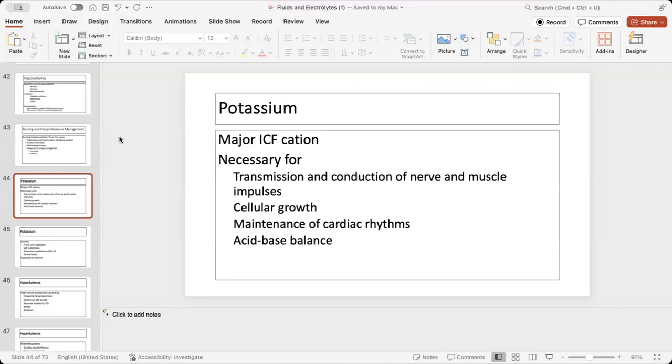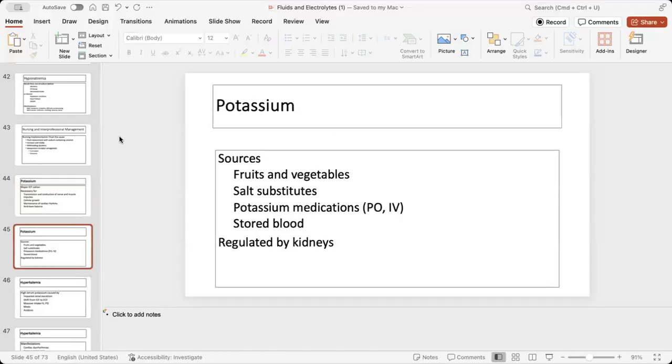Okay, potassium. The big thing you have to think about with potassium is the heart, right? Know your sources of your electrolytes. Salt, where do we get our salt from? Do we all get plenty of salt during the day? Yes, right? All of our processed food has salt in it, all the good stuff, so we're usually pretty good about getting our salt intake.